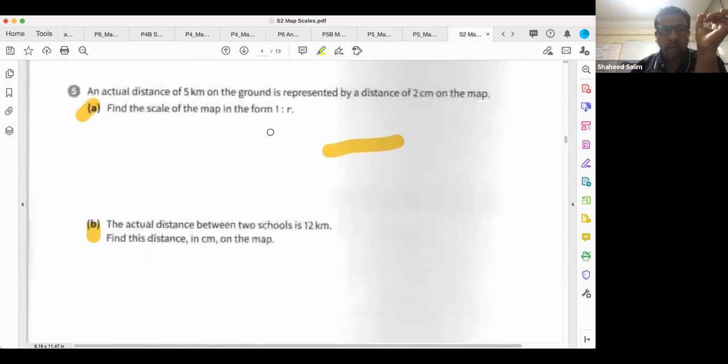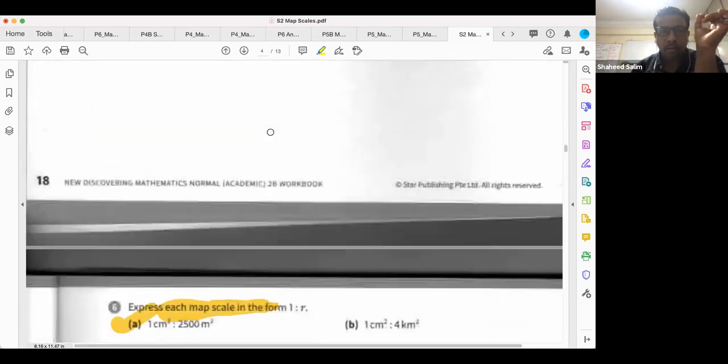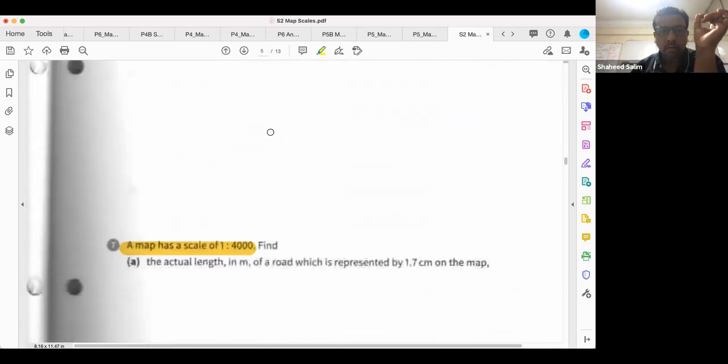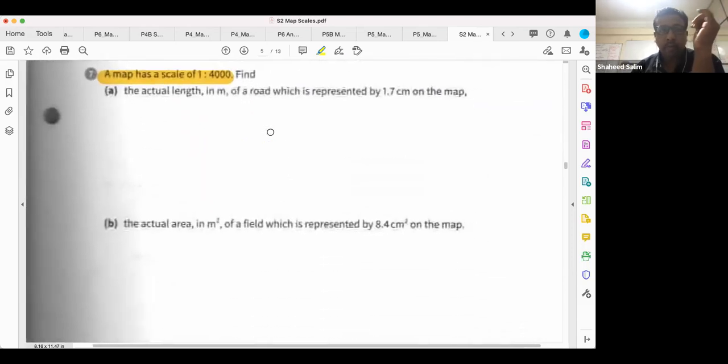So down here, you got to find the scale. No, this one is simple. You do A first, and then you're going to come out a new scale for area. There's a new scale.